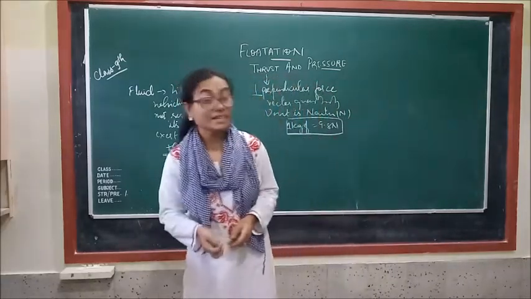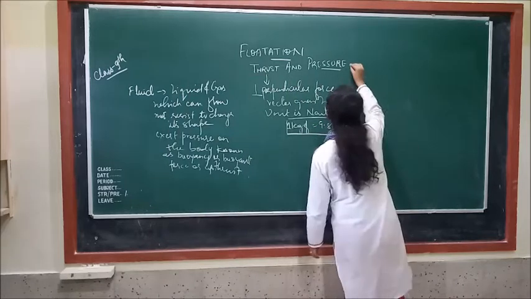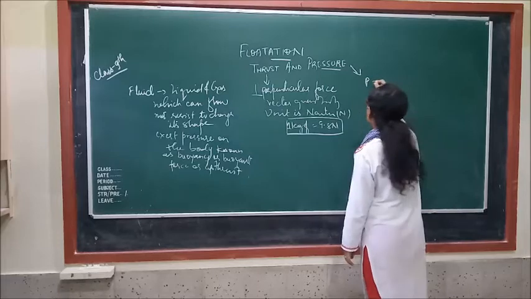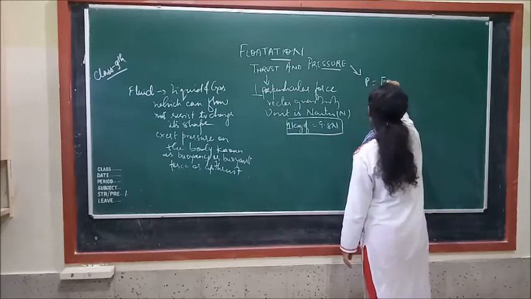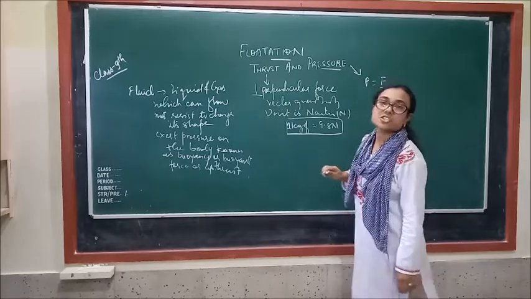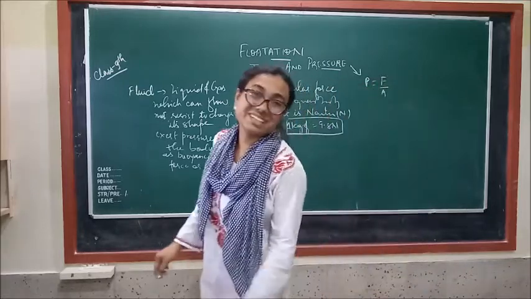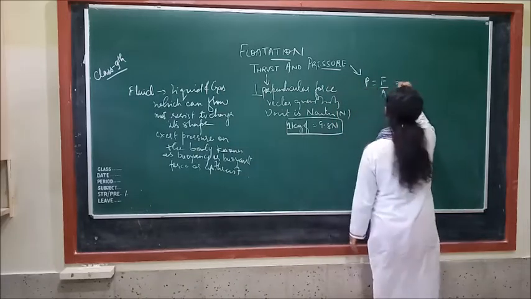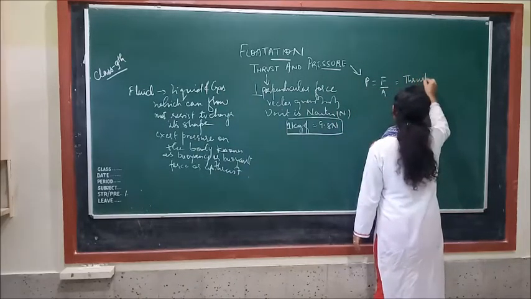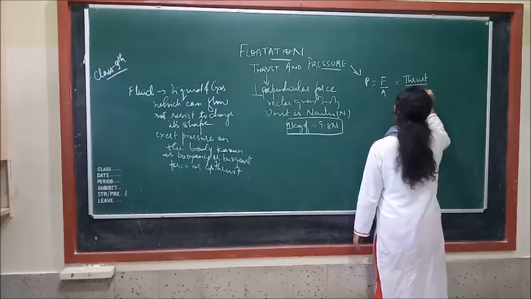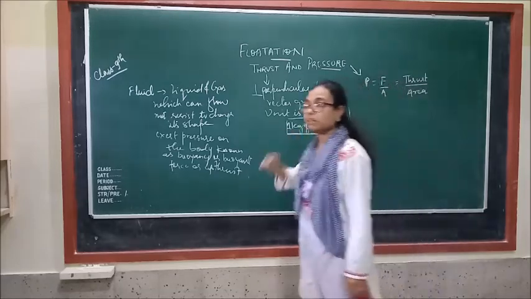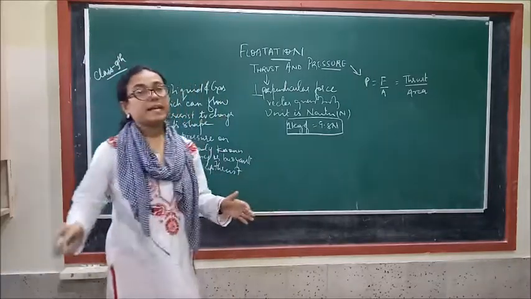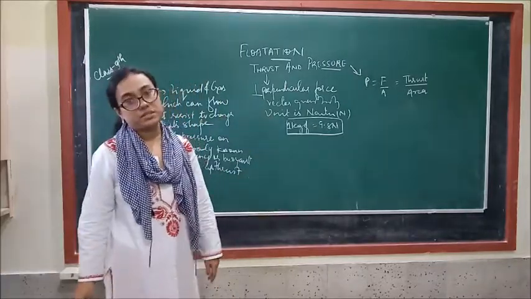Now, our today's second topic is pressure. Pressure, as you know, is represented by P, and it is force upon area. The normal definition is force upon area, but when we discuss it with thrust, it is thrust upon area. The perpendicular force acting on a specified area is called pressure.